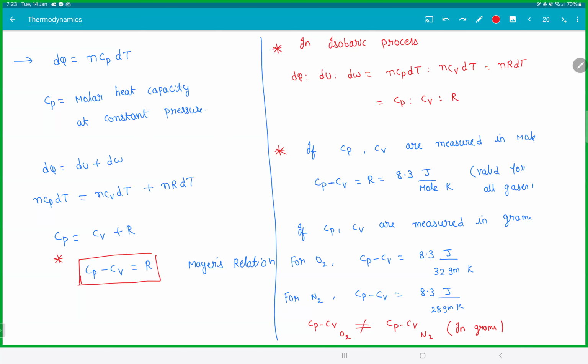If they ask you whether Cp minus Cv for oxygen and Cp minus Cv for helium are the same, you need to ask, are you doing it in moles? Then yes. Are you doing it in grams? Then no. By changing the units at the denominator, things get messed up. So basically the gas constant changes if you mess up the units in the denominator.